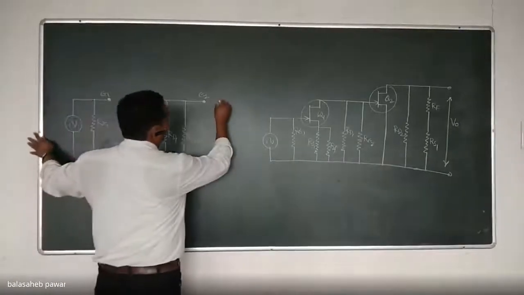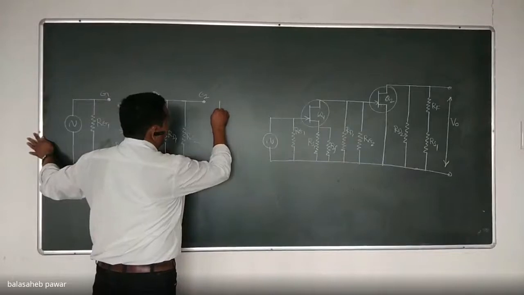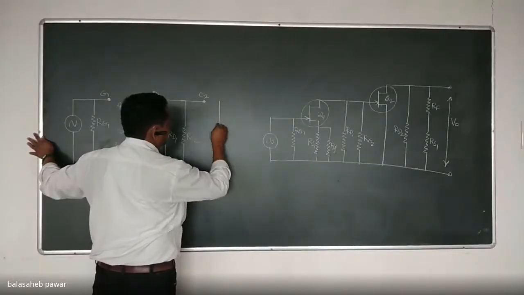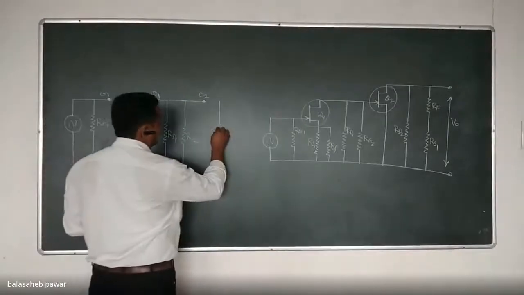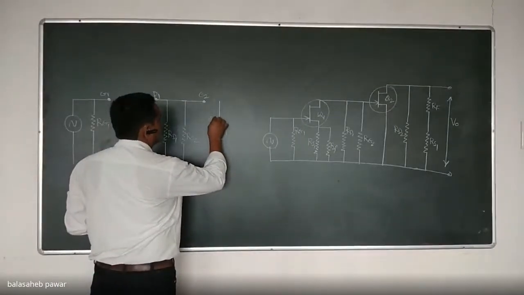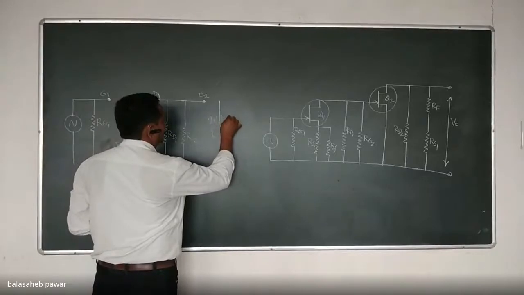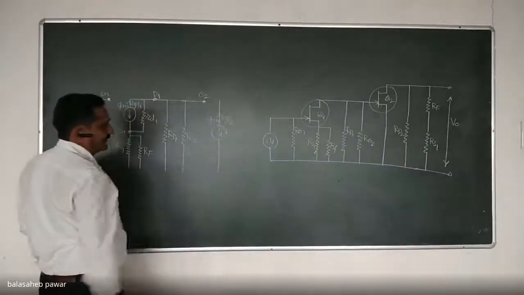Now the same thing for the second transistor, its AC equivalent model. As there is a bypass capacitor, there is no issue about the source resistance, and hence gm into VGS2 goes directly to the ground.